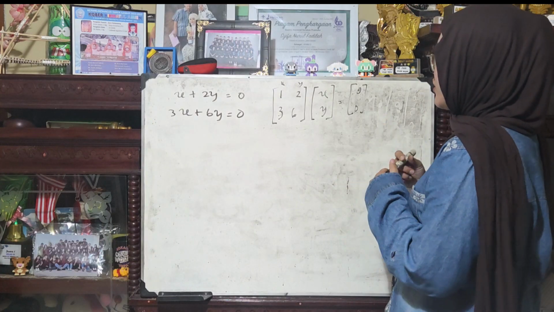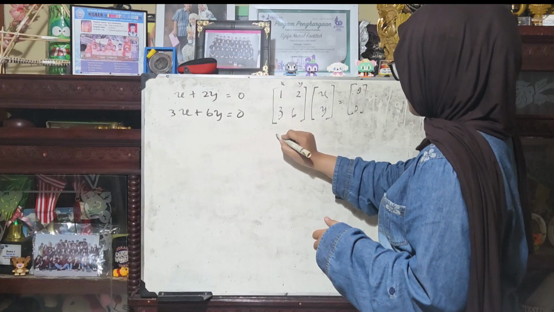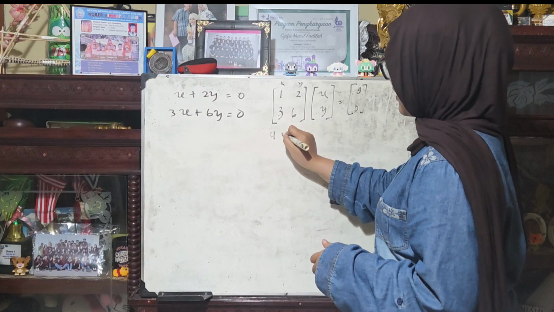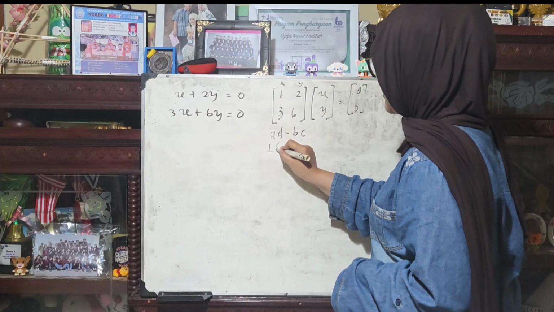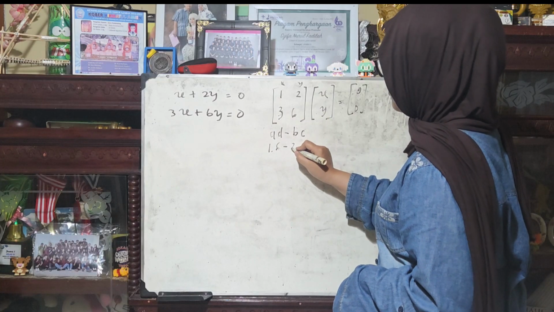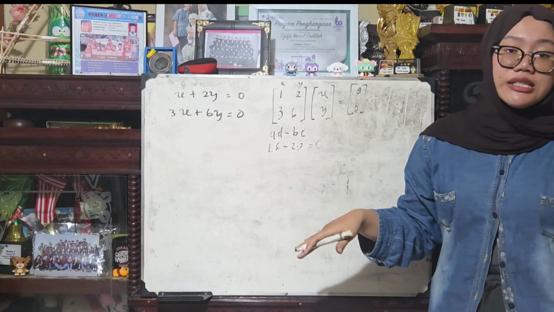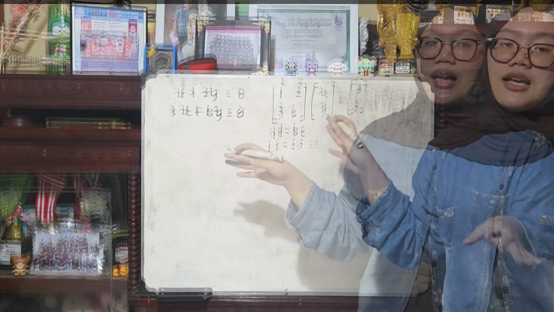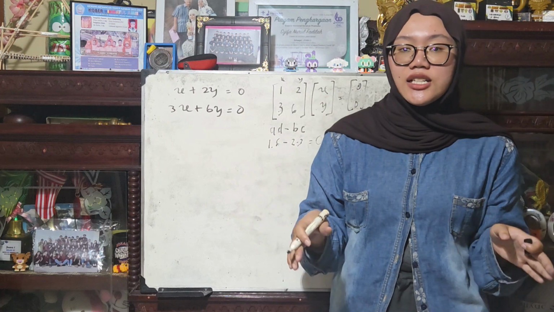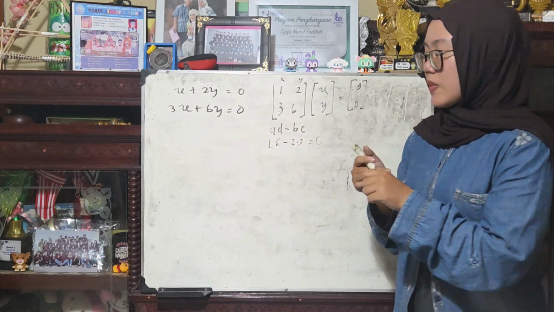And we are going to calculate the determinant. If you remember, we can use ad minus bc, which is 1 times 6 minus 2 times 3 equals 0. So our determinant is 0. This means our homogeneous system has infinitely many solutions, or we have non-trivial solutions.